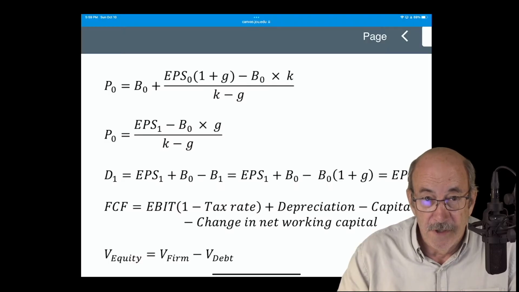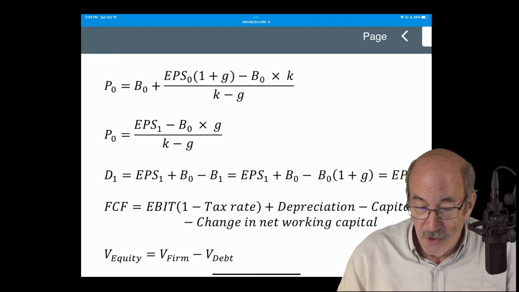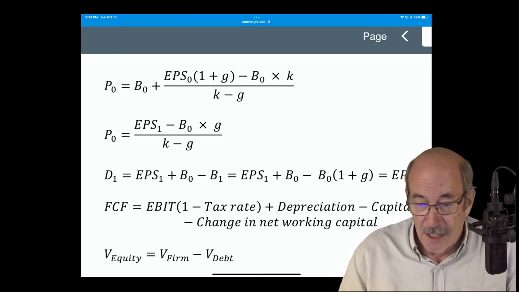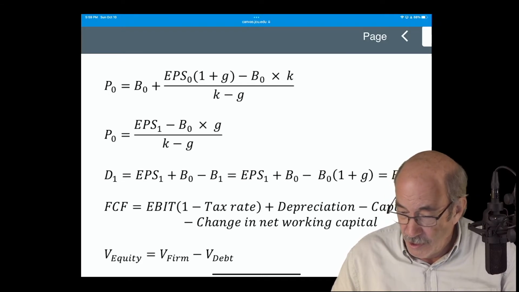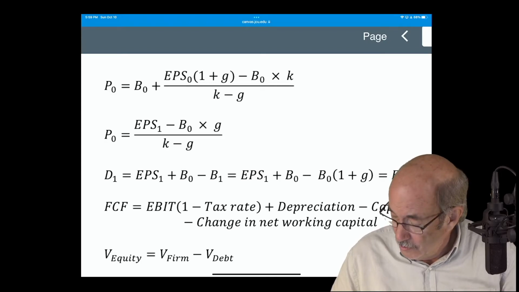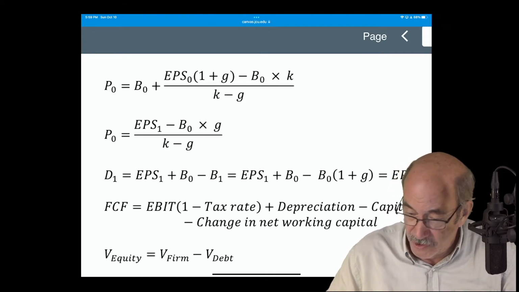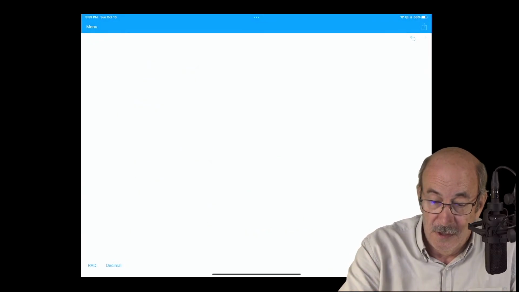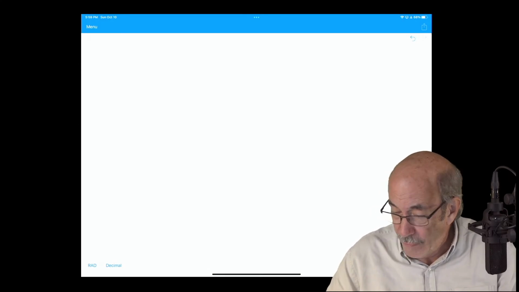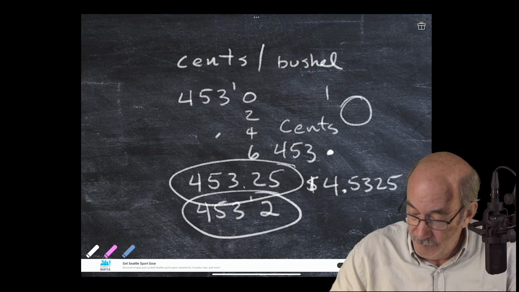They both give us the same exact answer. I'm going to use the first one simply because I think it's the more intuitive version: EPS times 1 plus G minus B0 times K, over K minus G. I'm just jotting it down.